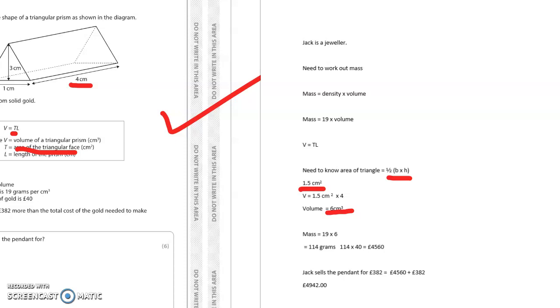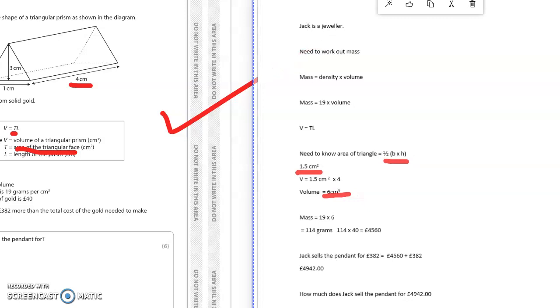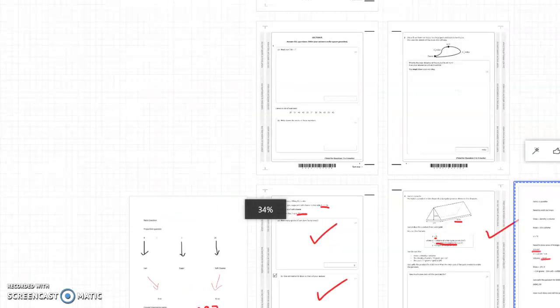It tells us that Jack sells the pendant for £382 more. So 4,560 plus the extra 382. That means Jack sells the pendant for £4,942.